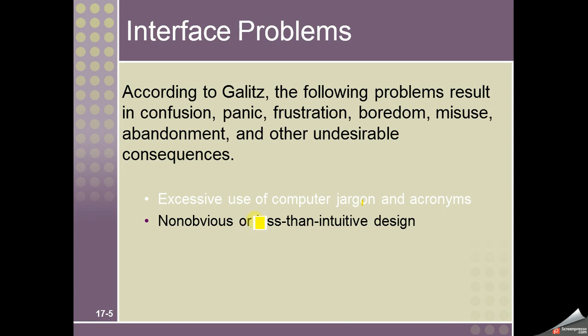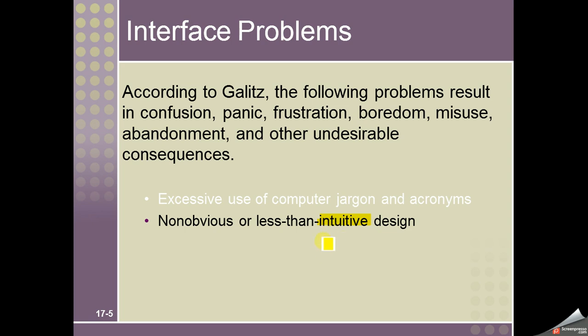Non-obvious or less than intuitive design. All of you know intuitive design. Like nowadays, all smartphones have a very intuitive design. It is close to logical thinking. All the gestures that we use in our mobile phones are very intuitive. Even a kid is very comfortable in learning the user interface in mobile systems, right?